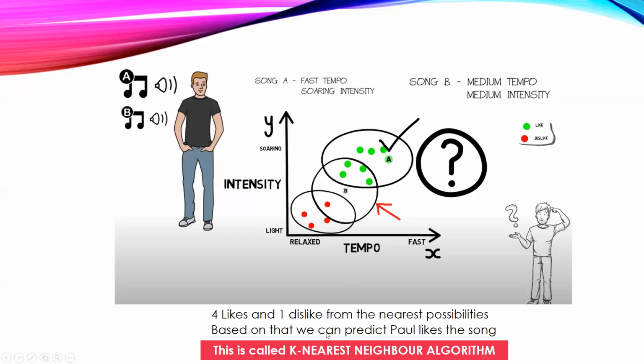This is called the K nearest neighbor algorithm. It's an algorithm you can use to train the model, to find the nearest points and predict which category the song falls in.